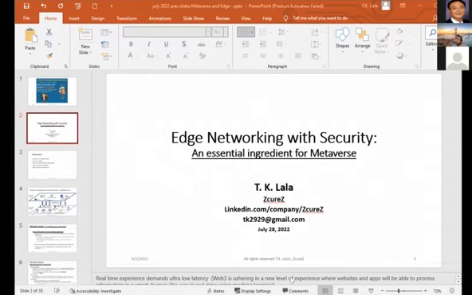Now on the networking side, there are two major domains. One is the wide area network domain, and that is basically being powered by 5G and 6G. After 5G, we're already entering 5G plus, or we're experimenting with 5G plus, and then we're going to slowly migrate to 6G.